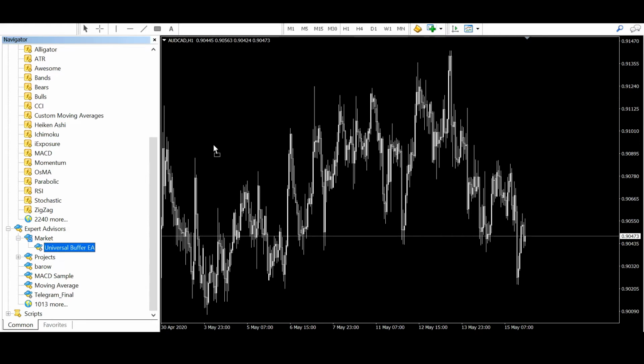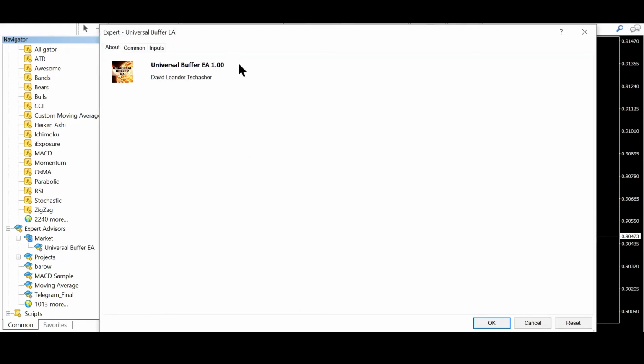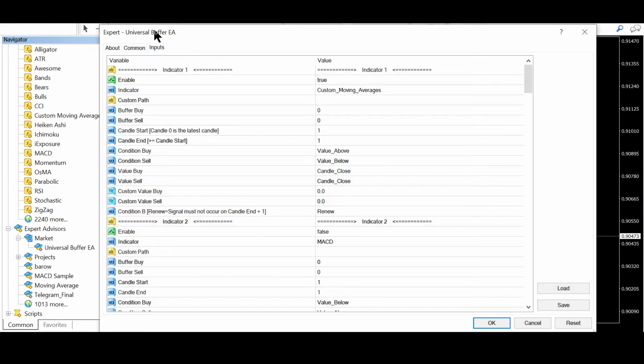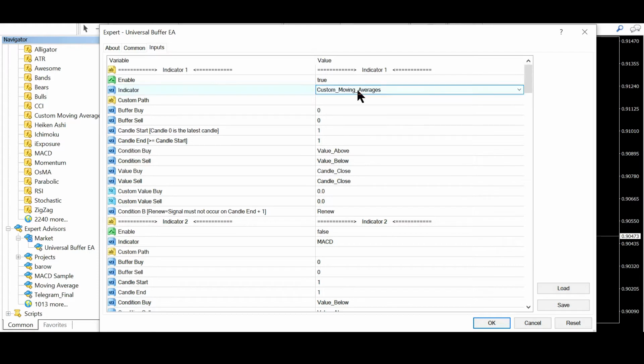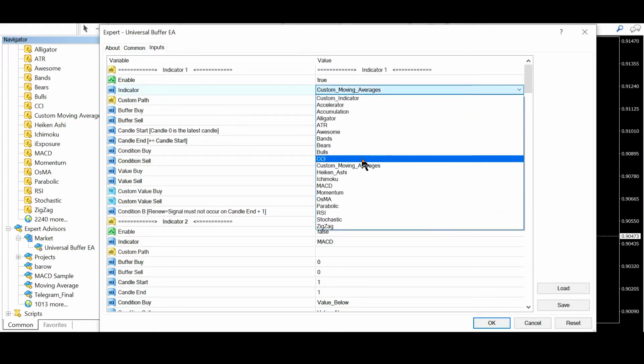Hello, in this video I want to explain the Universal Buffer AI. This is an expert advisor that can trade indicators, and it doesn't trade only one indicator, it can trade almost every indicator.